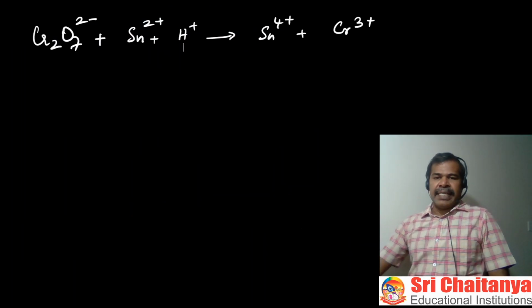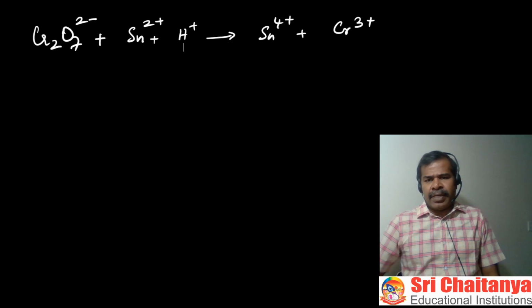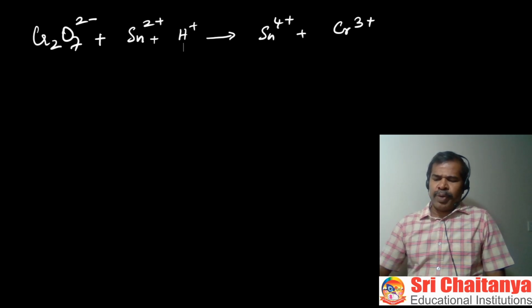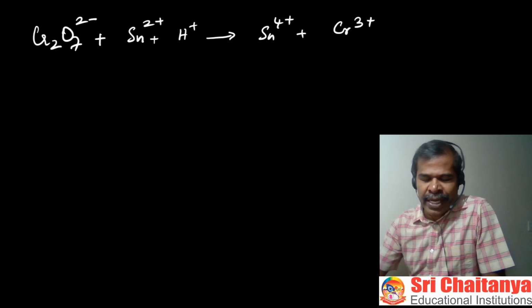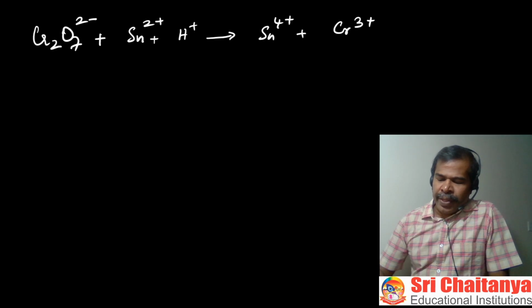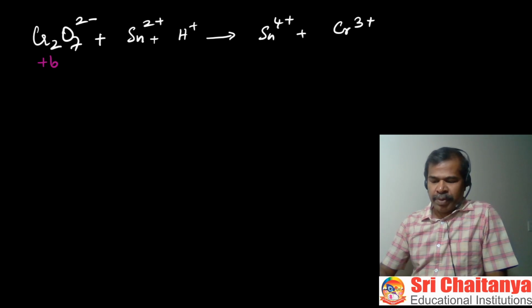Okay, let's consider another reaction in acidic medium again. Dichromate reacting with Sn²⁺ in acidic medium to give Sn⁴⁺ and Cr³⁺. Let's try quickly applying that method. Now the oxidation state is plus 6 for chromium. You can find it out. Plus 6 into 2 I will take.